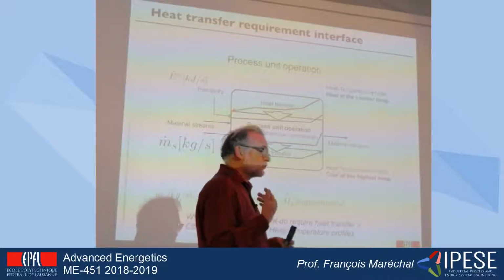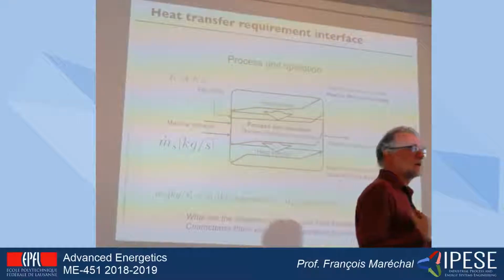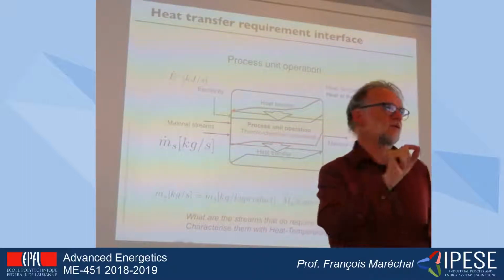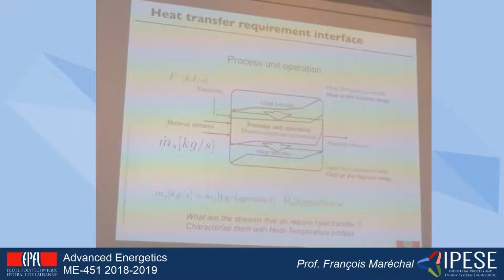Okay, so those ones are the ones that I typically have access to because they are related to a flow that I'm paying. Okay, the flow of steam, the flow of cooling water, right?